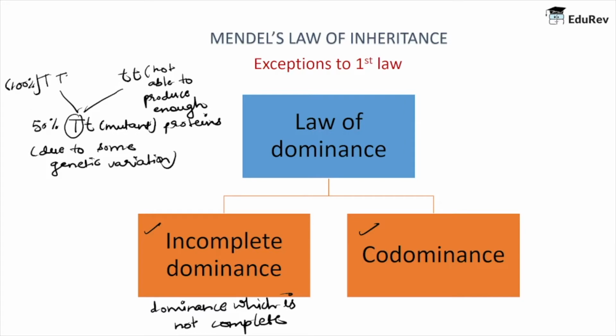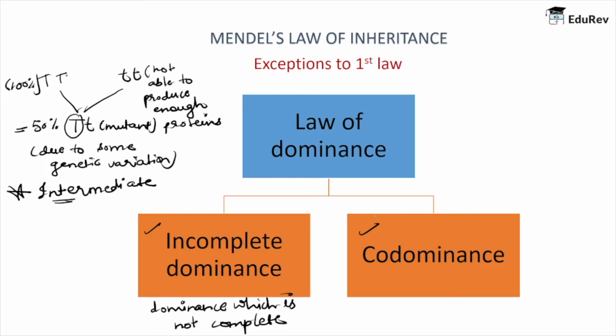Whereas capital T was to produce 100%, it is only producing 50% of protein. So now the dominance will not be complete. The result will become intermediate. That is why it is called incomplete dominance, because the result in dominance is never intermediate. It is complete domination. But here it is incomplete because intermediate results are coming.